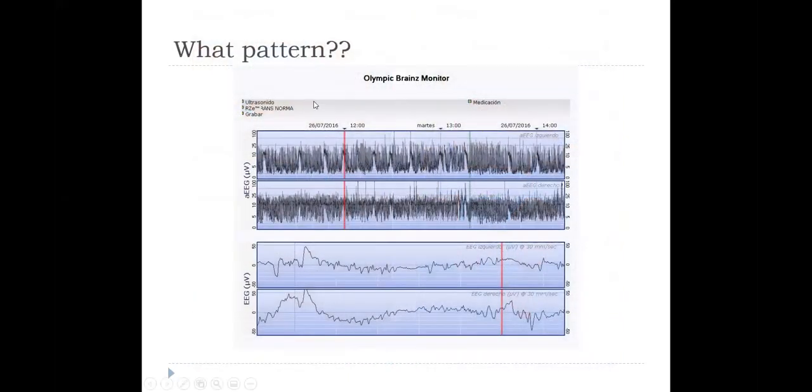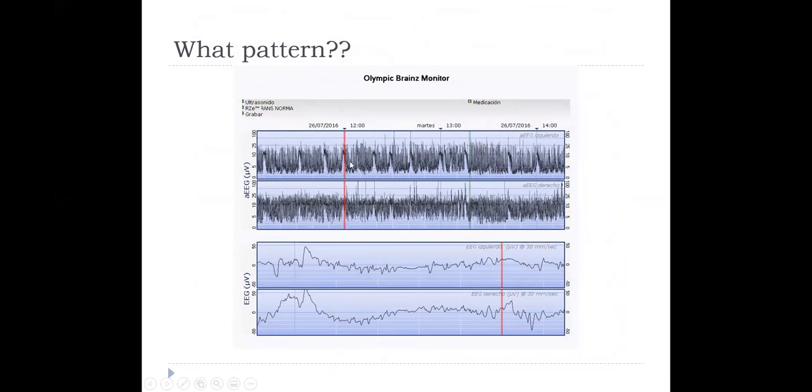Okay, what pattern can you see in this? Remember the movements were on the right side, and the seizure activity is on the left side. Remember that there is a decussation in the brain, and the left side produces the movement of the right side of the body.